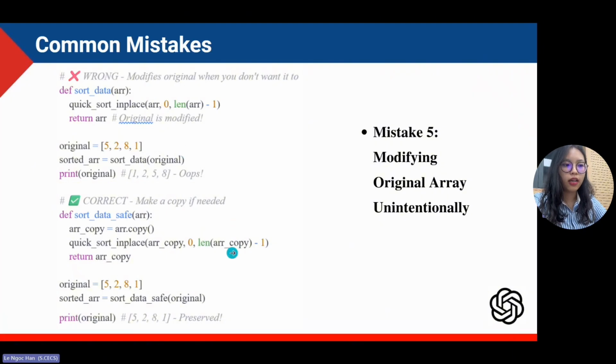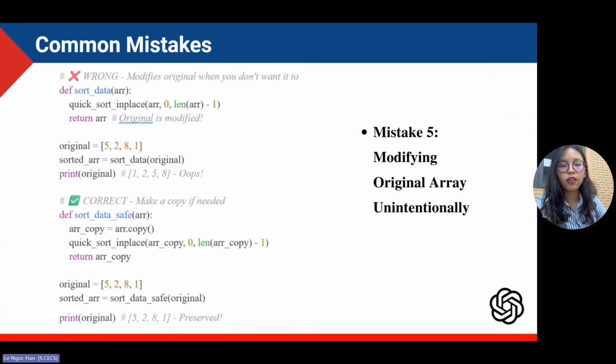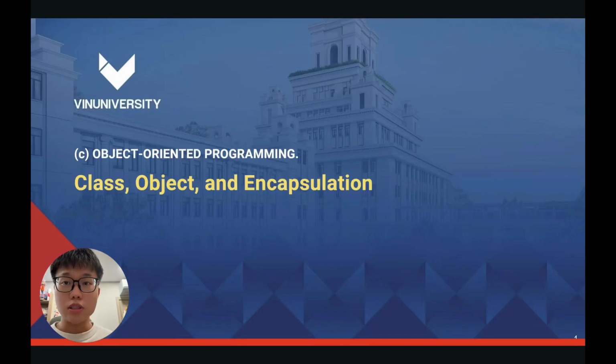Instead, you should create a copy of the list and then put the copy in the algorithm, and then it only sorts the copy, and you can have the sorted and the original list instead of modifying the original one. So next we'll be discussing class, object, and encapsulation.